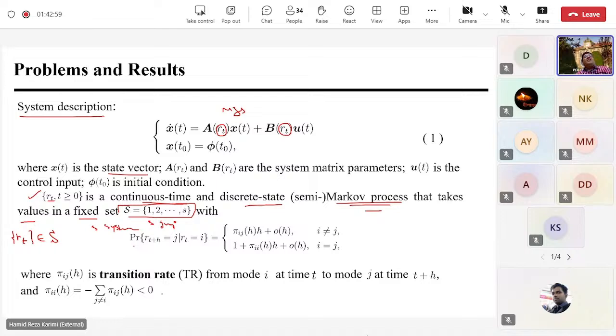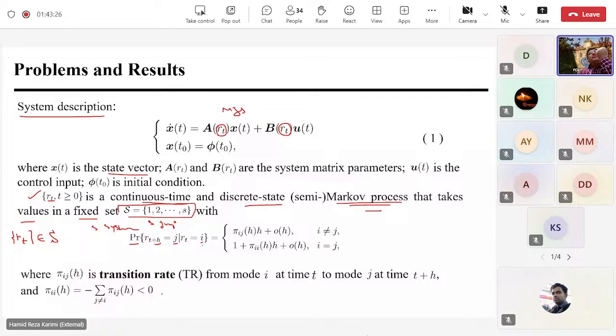So in this case, as I told you, the meaning of R_t is the transition from the current state, state i, to a state j. So the probability of transition after the time h, R_{t+h} equal j, given R_t equal i.